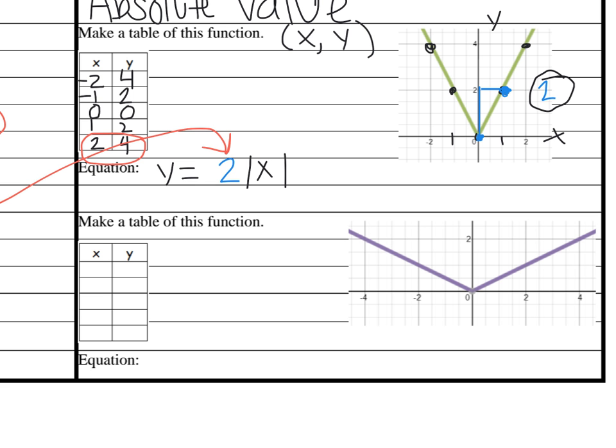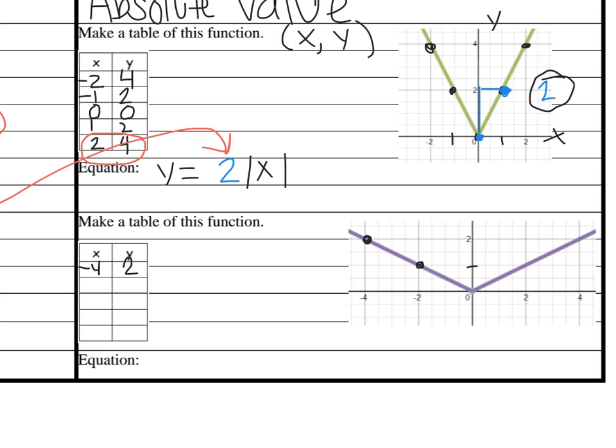For this next one, we're going to go ahead and start by making our table first. So it looks like if x is -4, y is up here at 2, so that'd be -4, 2 for our ordered pair. And then it looks like it hits nicely if I go -2, up 1.